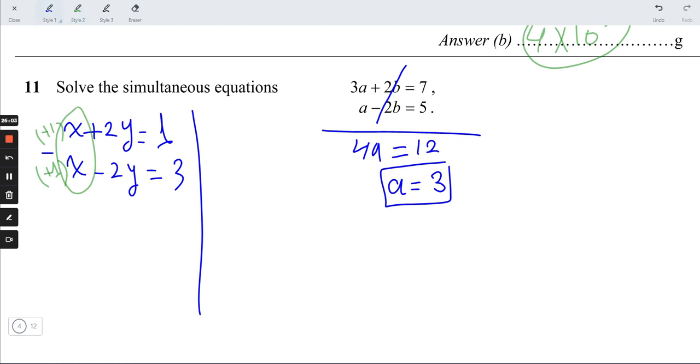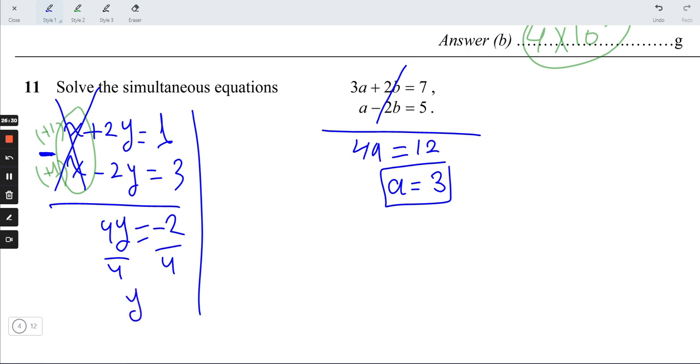Writing a subtraction sign, x minus x is 0. This x will be eliminated from your system of equations. Left over is 2y minus 2y, so you will have 4y equals minus 1 minus 3, which is minus 2. Then you divide both sides by 4 and you will get the value of y.